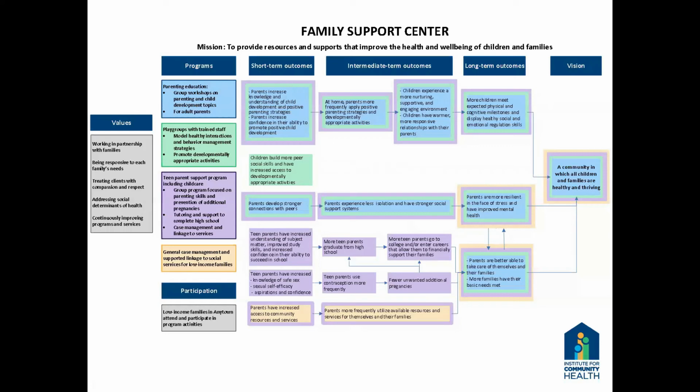They knew that social isolation is related to mental health, so their logic was that we are facilitating social connection, so we think that will help with mental health. They also thought that their case management, helping families access services that they need, would relieve stress, make sure people have their basic needs met, and then lead to improved mental health as a result.